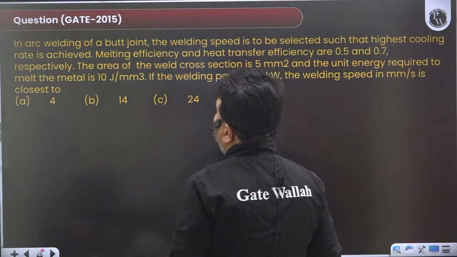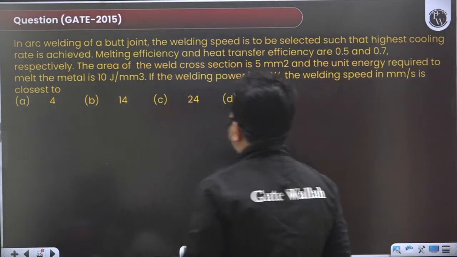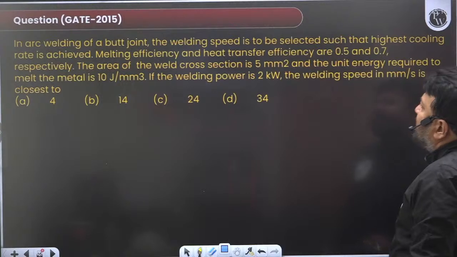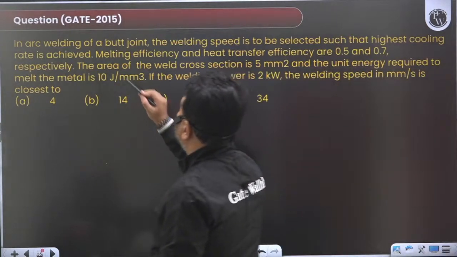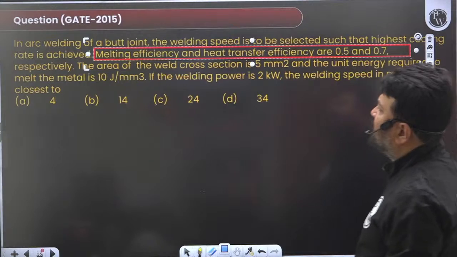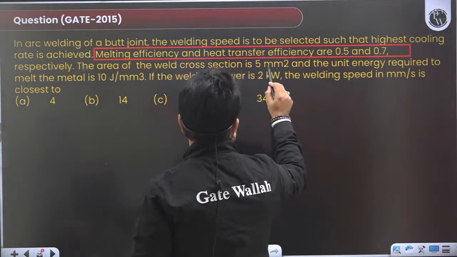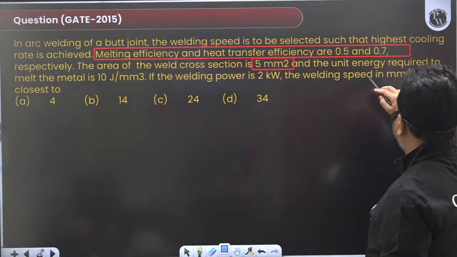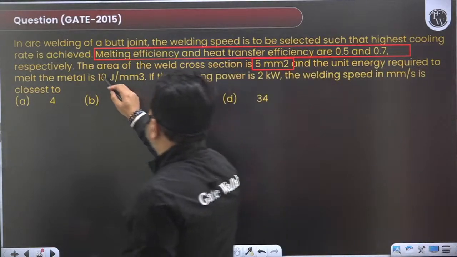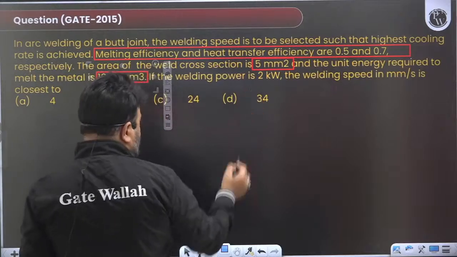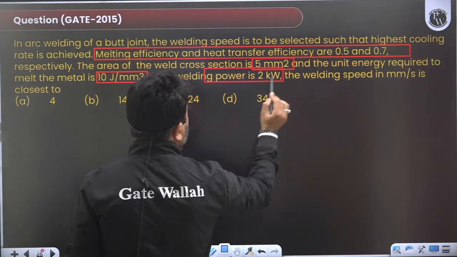Yes. In arc welding butt joining, the welding speed is to be selected such that the highest cooling rate is achieved. Melting efficiency and heat transfer efficiency are given. The cross-sectional area is 5 mm square, and the unit energy required is 10 joule per mm cube. The power source is 2 kilowatt.